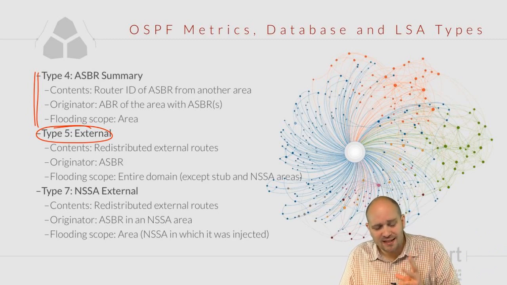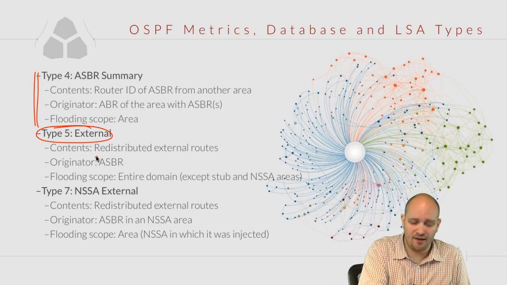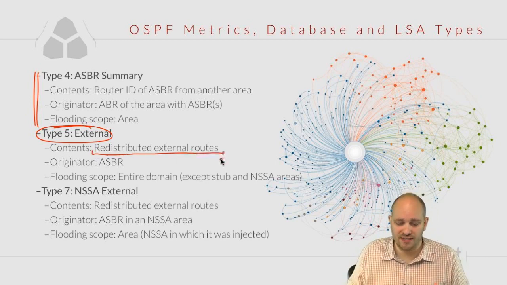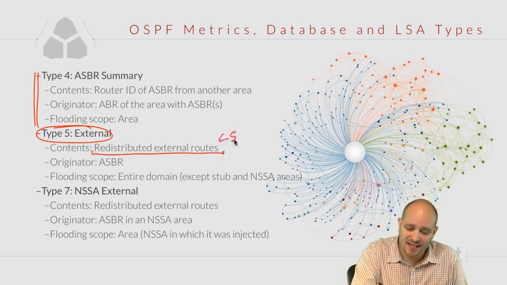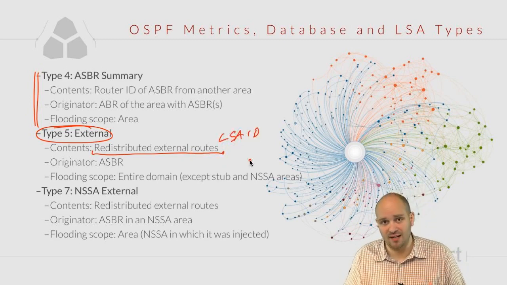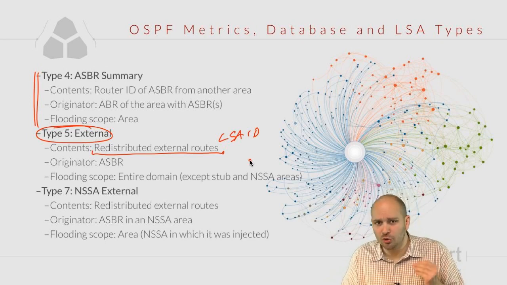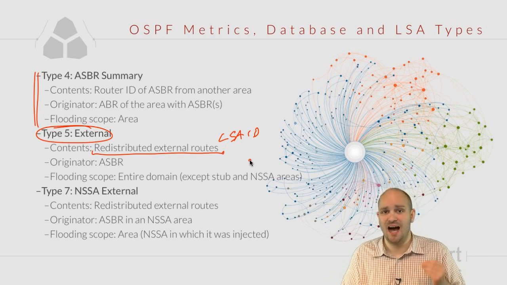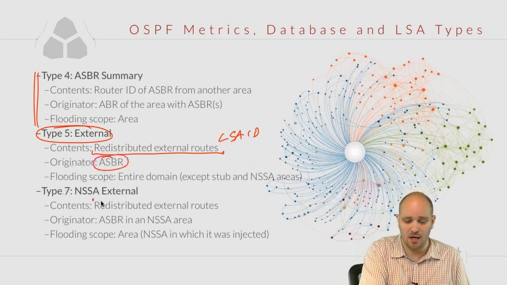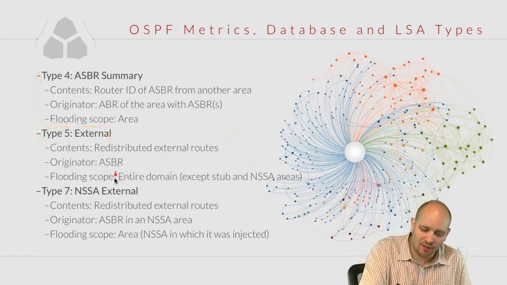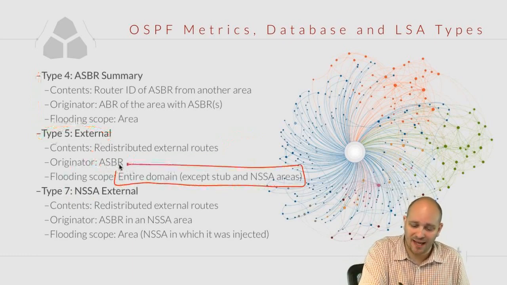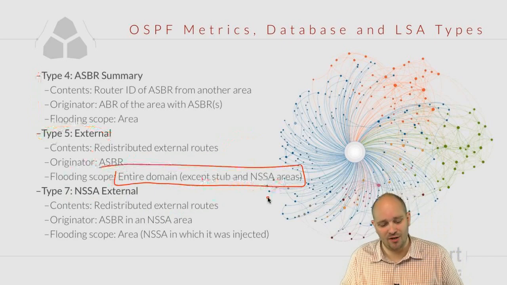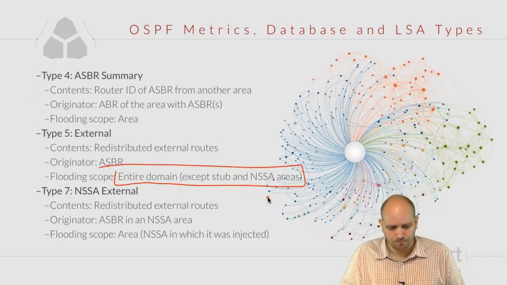Now, these type 5 LSAs will have the information about what are the redistributed external routes, and the LSA identifier for type 5 LSA will be the actual network that is being redistributed, but we are also going to have the information about what is the originator, what is the advertising router, which will be the ASBR in our case. Now, if we take a look at this, the entire domain, except the stub and NSSA areas, is where these LSAs are going to go out.